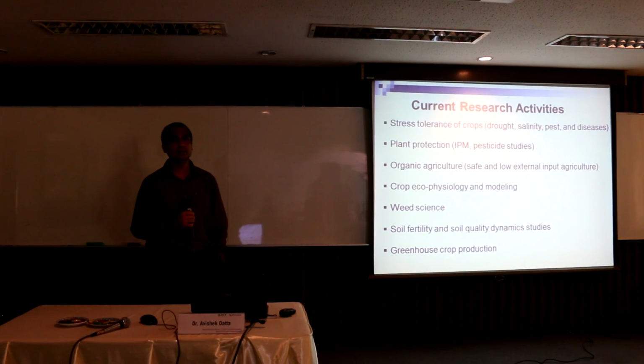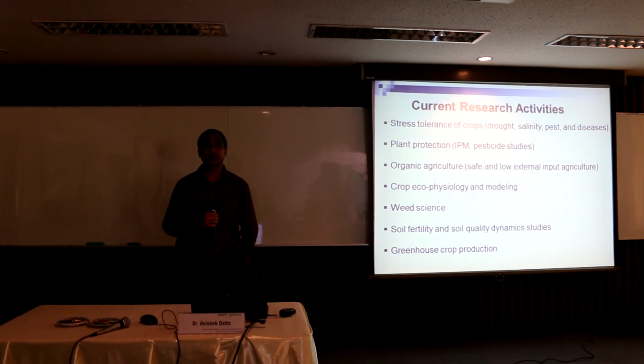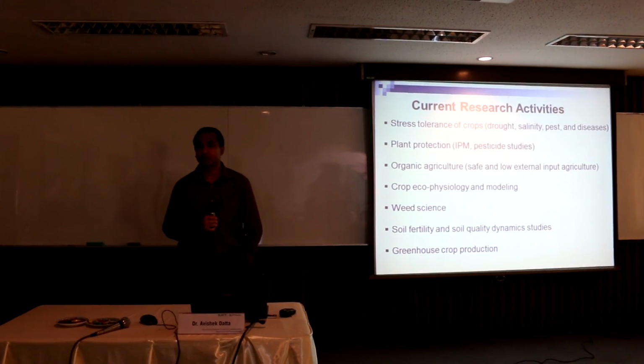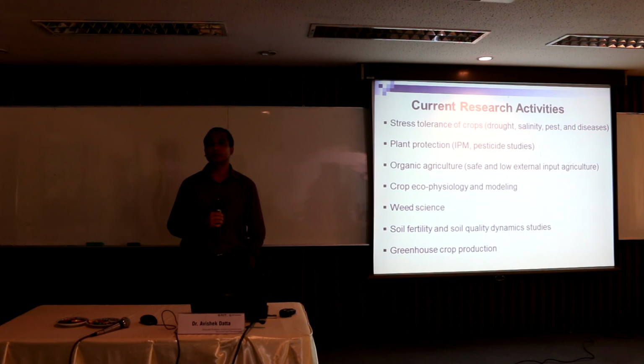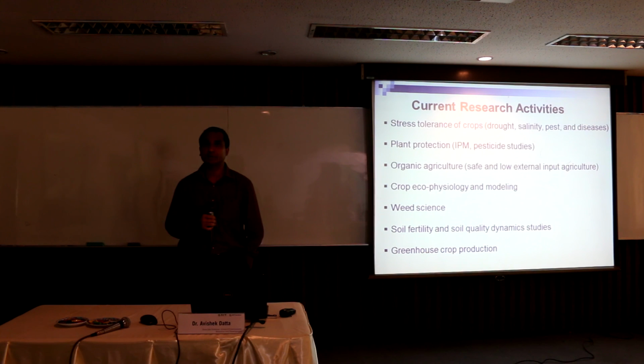Organic agriculture is also one of my interests, because we talk too much about organic agriculture, but whether that really means the same thing everywhere. When we talk about organic agriculture in the US, if you ask some of the farmers what is your land size, they will say, oh, I don't have much land. If you say, can you tell me how much, they will say 10,000 hectares, okay. So the concept and the background is different.